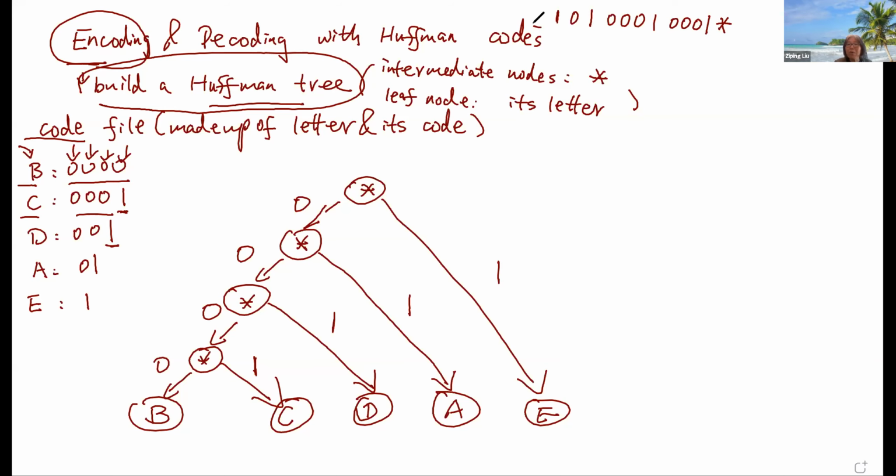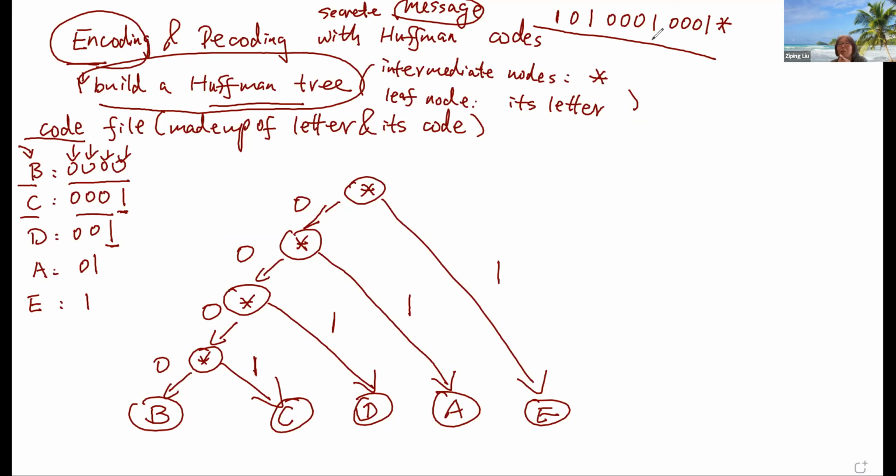Suppose this is the code, some secret message that you receive. How do you recover this message back?